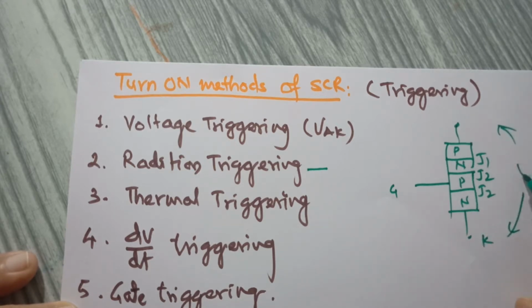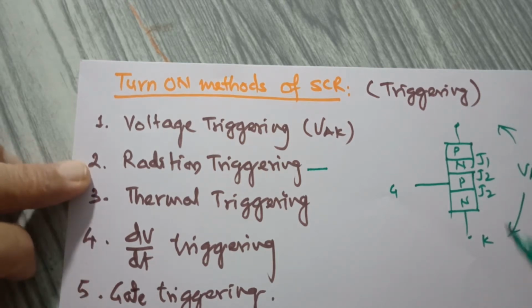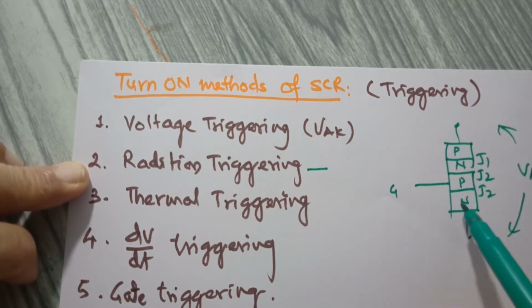See here we apply VAK. Now suppose that this SCR is forward biased, and because of that, junction J2 gets reverse biased.